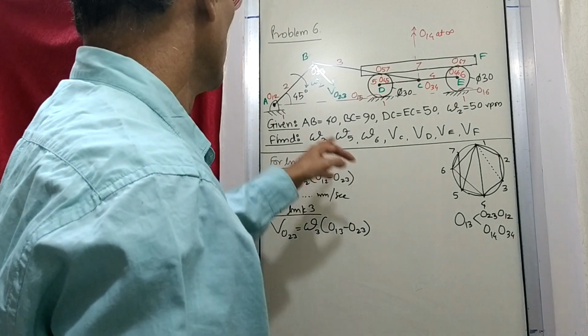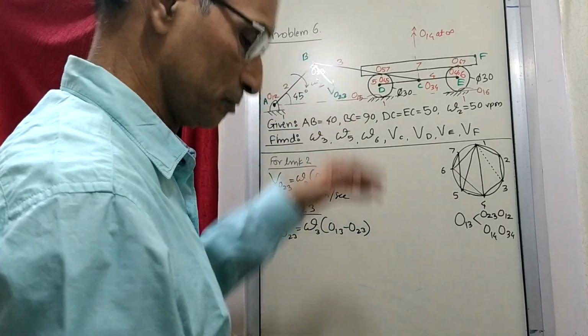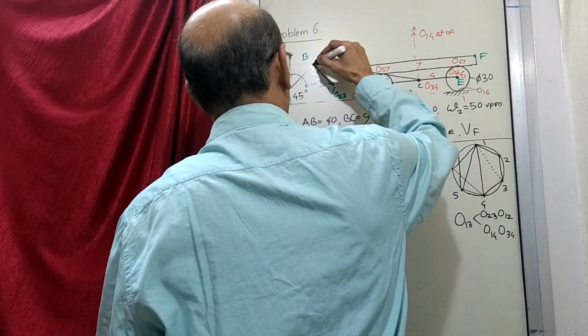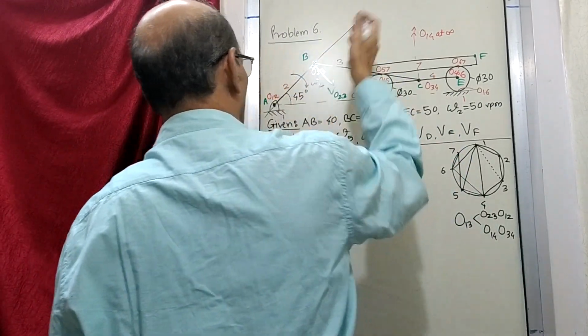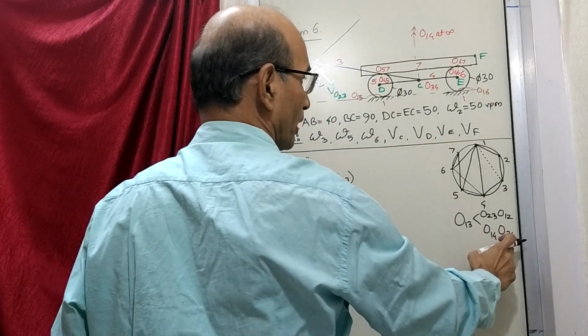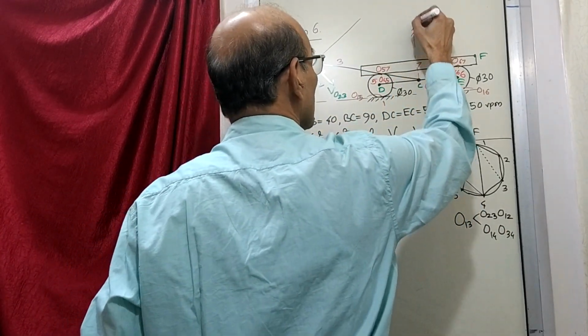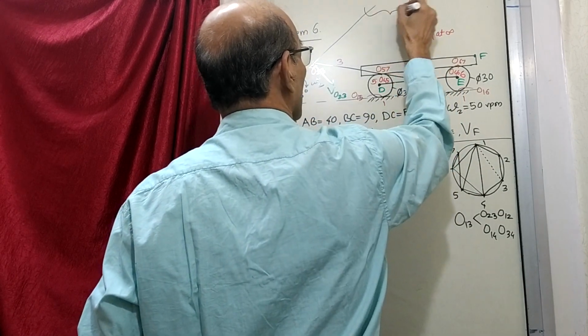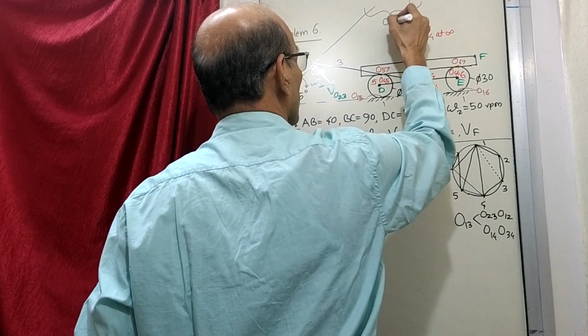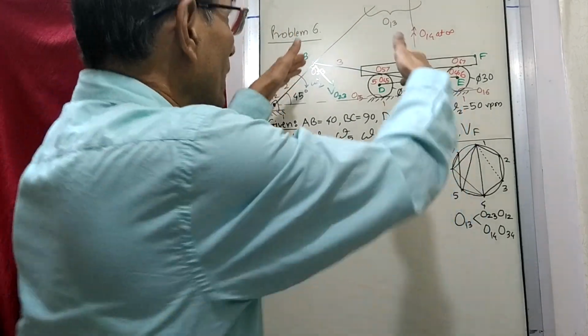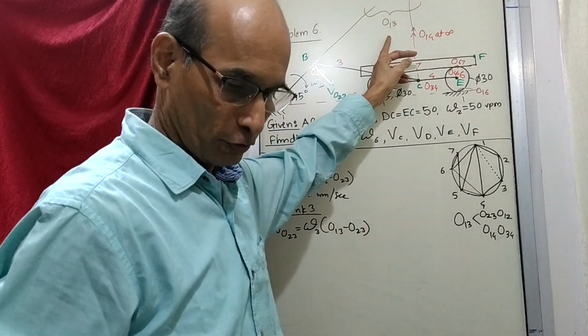So do this O12 and O23, this line, and O14 and O34. Now O34 is here, O14 at infinity. So this line and this line, wherever it intersects, that is going to give you O13. So these two lines, when they intersect, they are going to give you O13.